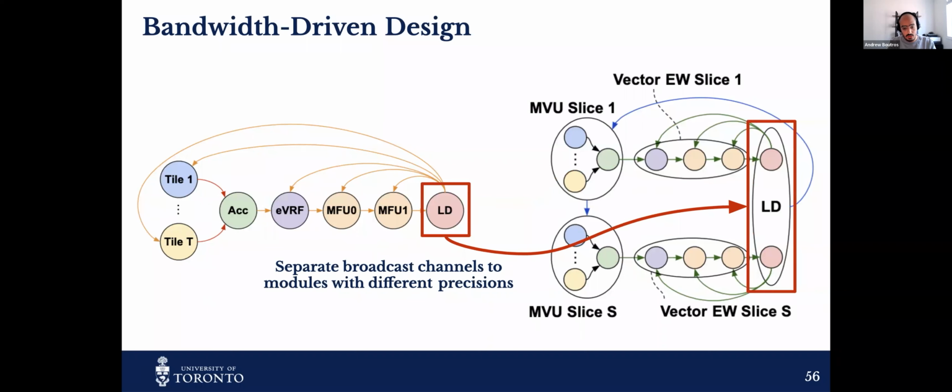And for the loader, there was a single loader that writes back results to all the different modules. But actually, some of those modules operate at lower precisions than others. So we're wasting some of the write back bus. So why don't we have different dedicated buses that communicate to the high precision modules versus low precision modules?